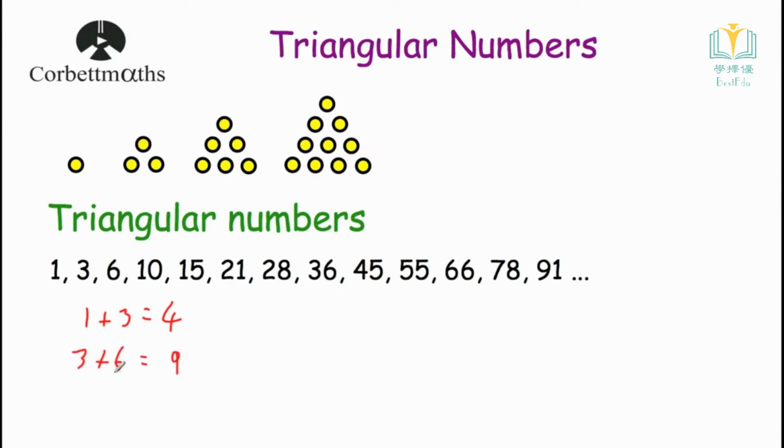Then 6 plus 10 is equal to 16. 10 plus 15 is equal to 25. 15 plus 21 is equal to 36, and so on. As you can see, 4, 9, 16, 25, 36 are all square numbers. So if you add 2 consecutive triangular numbers, you will get square numbers.